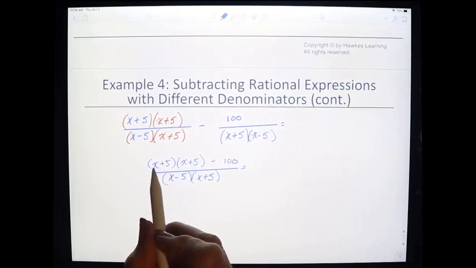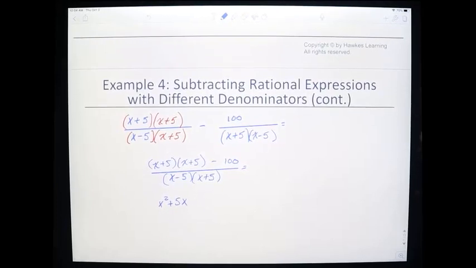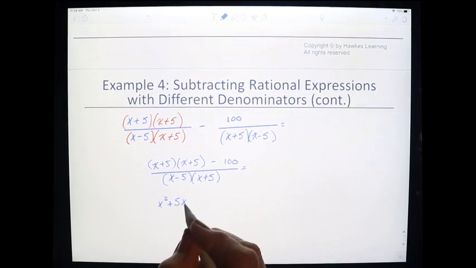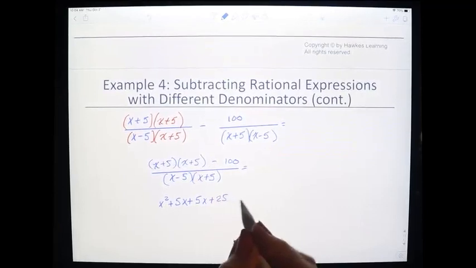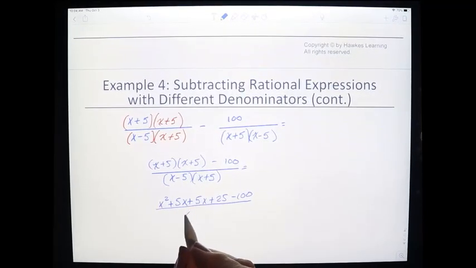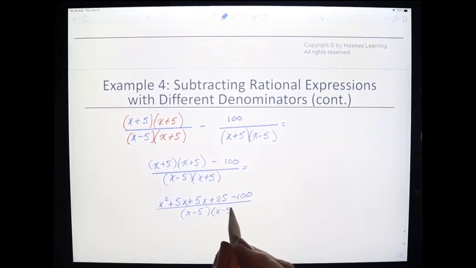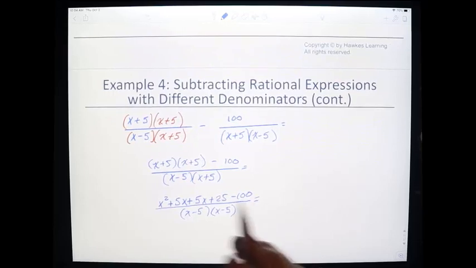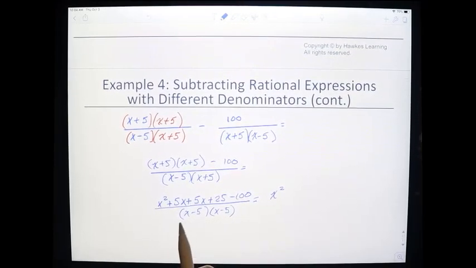All right, so we're going to do first times first is x squared. Outside product is 5x. Inside product, excuse me, is 5x. And the last product is 25. And I'm going to do a little combining up here, so I see an x squared, no matching like term.